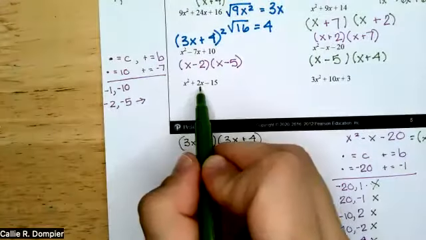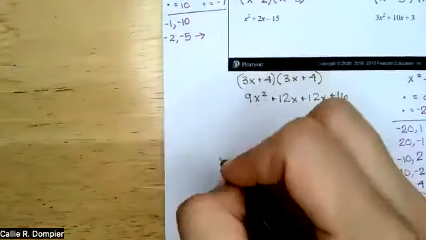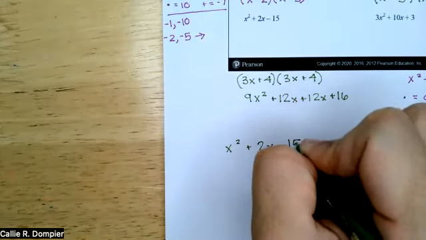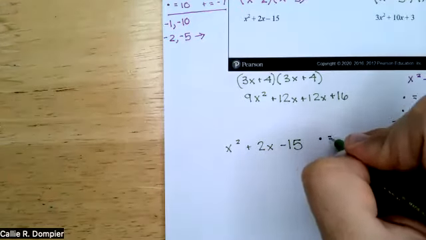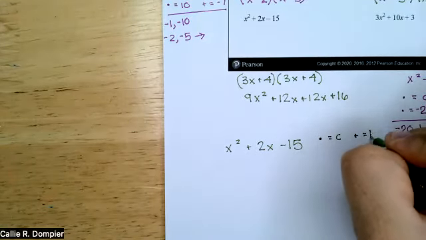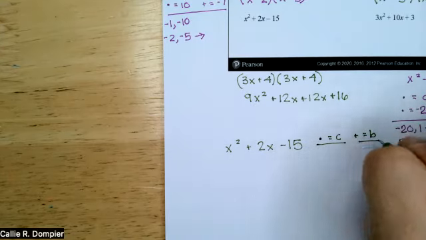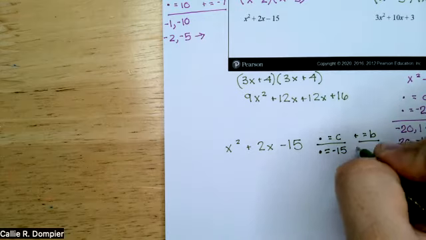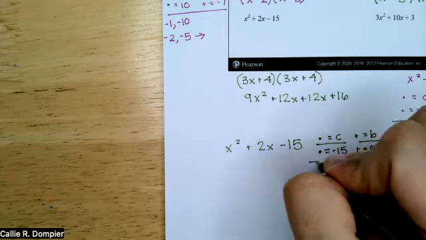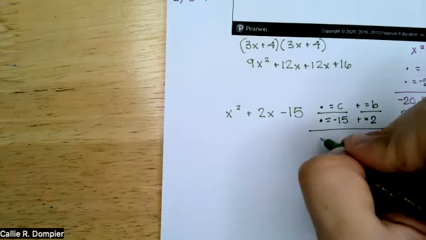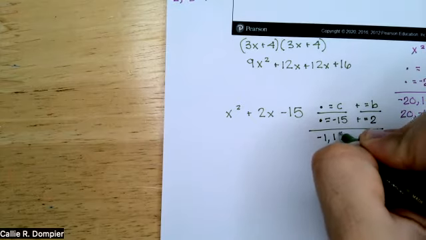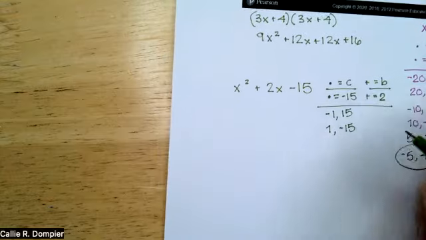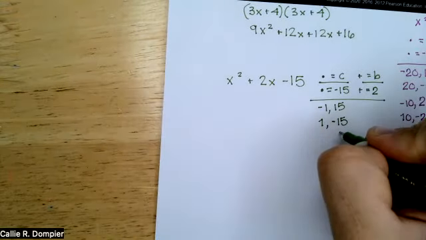Here we have x squared plus 2x minus 15. We need it to multiply to equal c, add to equal b. So it needs to multiply to equal -15, add to equal 2. -1, +15, 1, -15, 3 and 5.